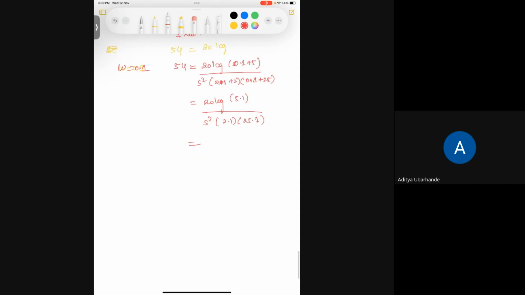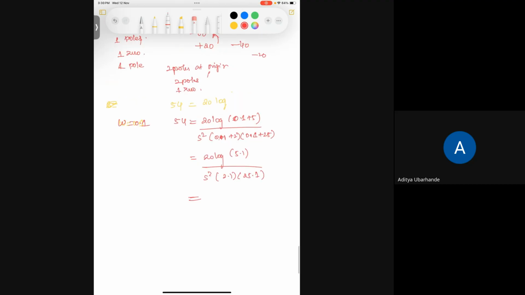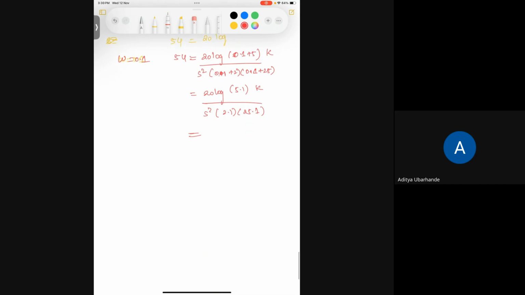Just calculate this using calculator. 5.1 divided by 2.1 into 25.1. There is another, this K we don't know, right? So I'm just adding K here. So this will give me 20 log of 9.7 K.